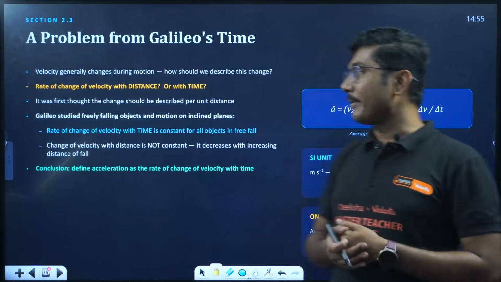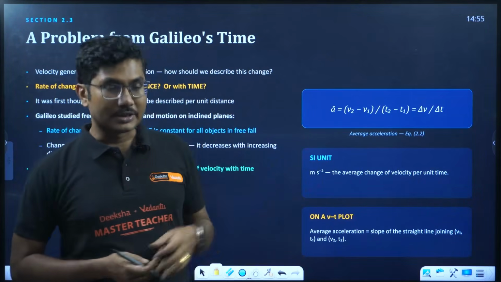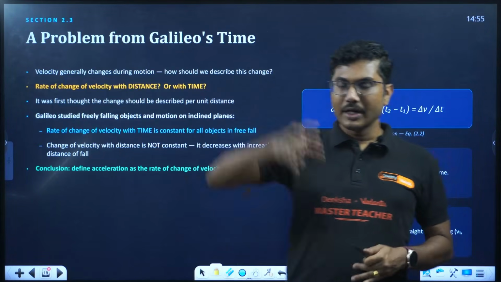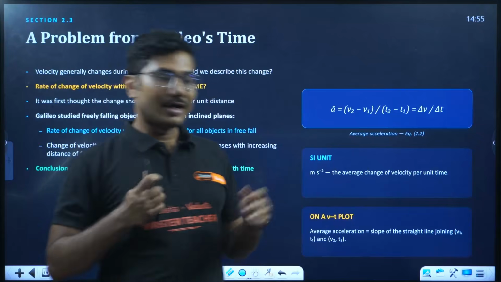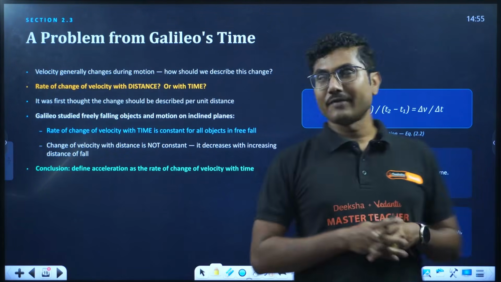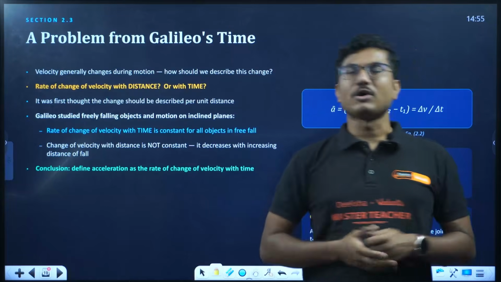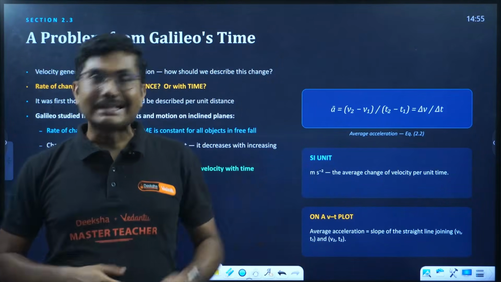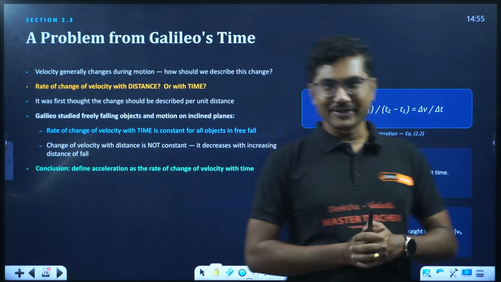But then came Galileo. Galileo did one of his famous experiments where he took some balls and dropped them from the top of a tower, and he realized that the rate of change of velocity with time is constant, but the rate of change of velocity with distance is not constant. That gives rise to the gravitational acceleration.